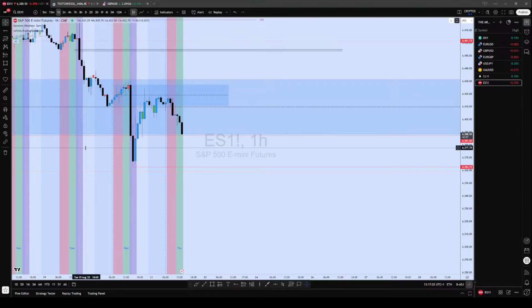And then once we've gone for it, then we will see what price is going to do after that. Okay, so that's the business on the ES.